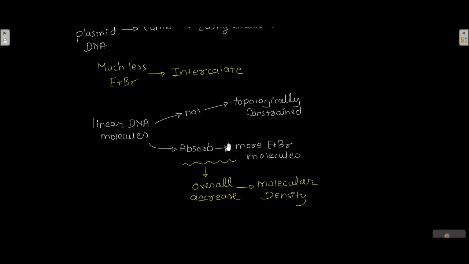After that, you will do centrifugation, and as there is a difference in the density, you will get different bands of the chromosomal DNA and a different band of the plasmid DNA, and from that band of your plasmid DNA you can then isolate your plasmid DNA, and that is how the purification of plasmid DNA is done.